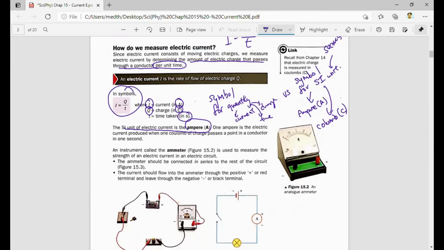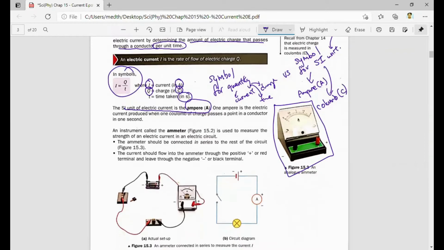So how to measure electric current? They actually use this instrument called the ammeter. Most of you would have seen this in your practicals already. Take note, the ammeter should be connected in series to the rest of the circuit. You can see here, the ammeter is in series to the whole circuit. You can refer to this diagram.